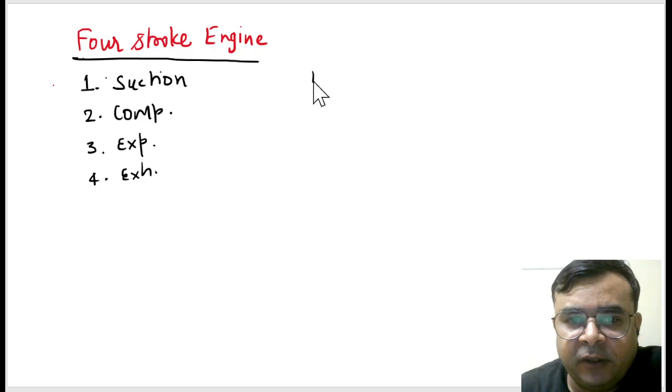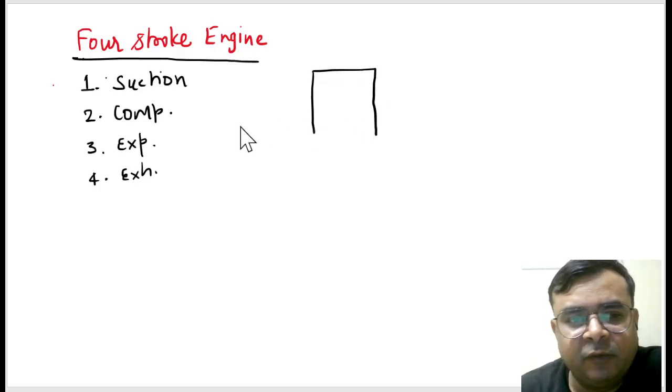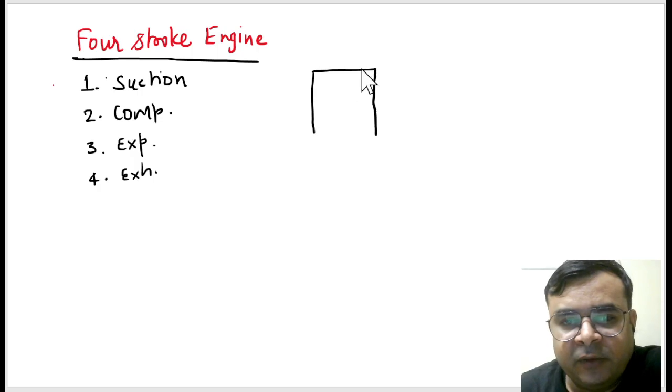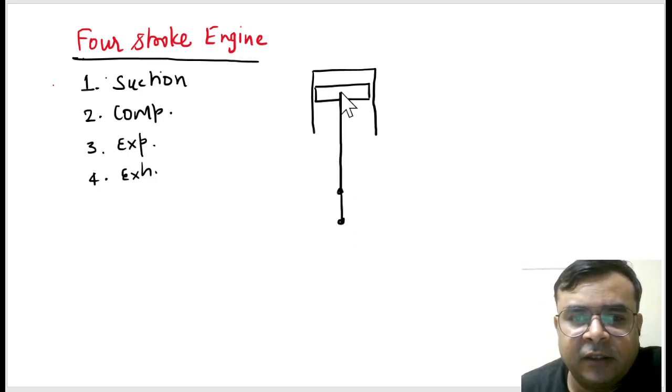So if I talk about the cylinder and piston arrangement for each stroke, then this is a cylinder and this is a piston which is located at the top dead center. Is it right? And in this condition, the connecting rod and the crankshaft both are collinear.